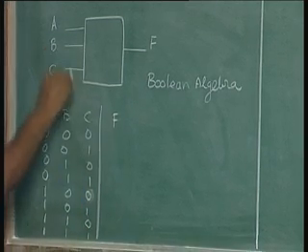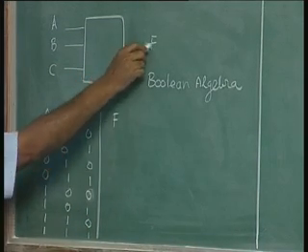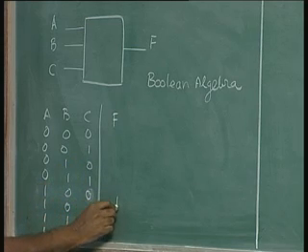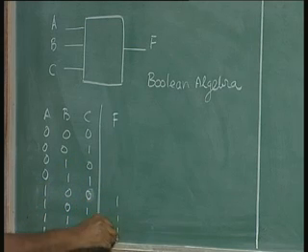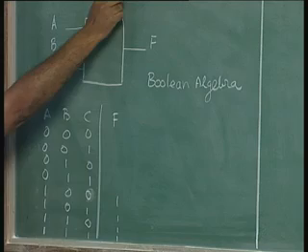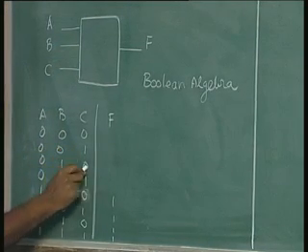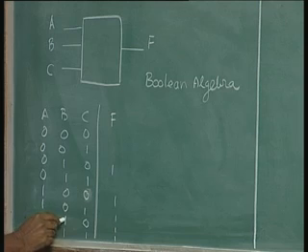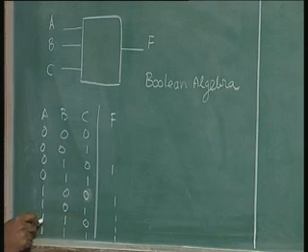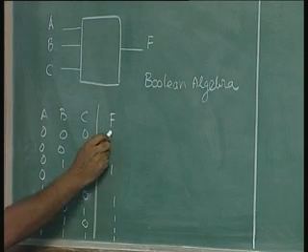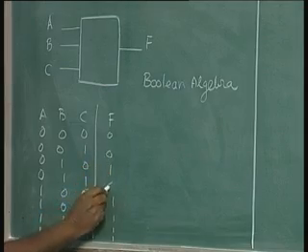And for these combinations the output is true, that means if A is true, the output is true, or if B is true and C not true. B is true, C not true, but already this is true because A is 1. So, for the rest of the combinations the output is 0.